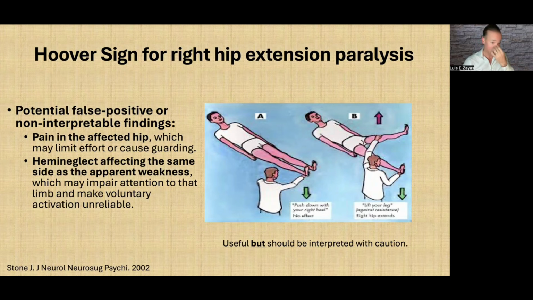And when you have cortical issues, like for example having hemineglect affecting the same side of the apparent weakness, this is not going to help. And the MRI will tell you that you have a lesion on the opposite side, on the left parietal lobe, for example. Okay, so you have to know what you are doing. So interpret with caution.